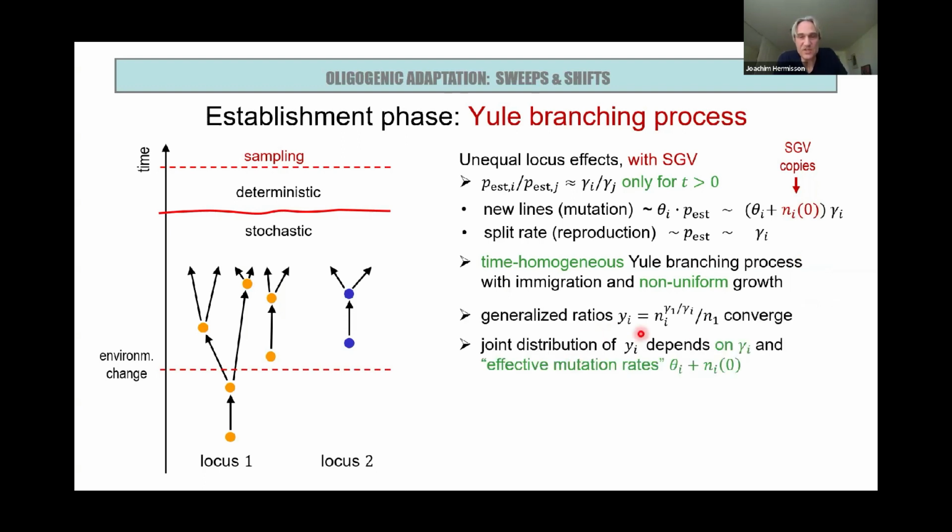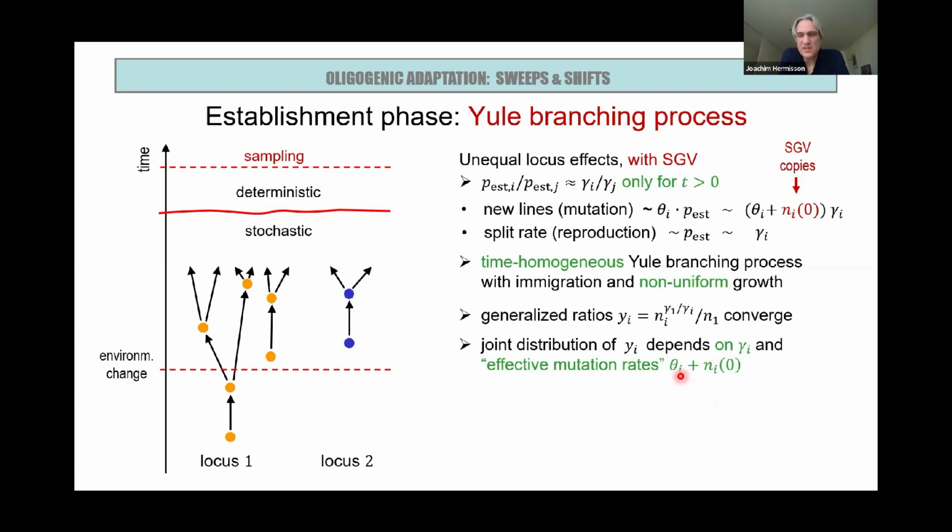Good. As before, these generalized ratios here converge, and we do get a joint distribution that now just depends on these gamma_i and effective mutation rates, where we have these theta_i now supplemented by the number of lineages that we initially had. This already tells you when new mutation will be important and when it maybe won't be important.